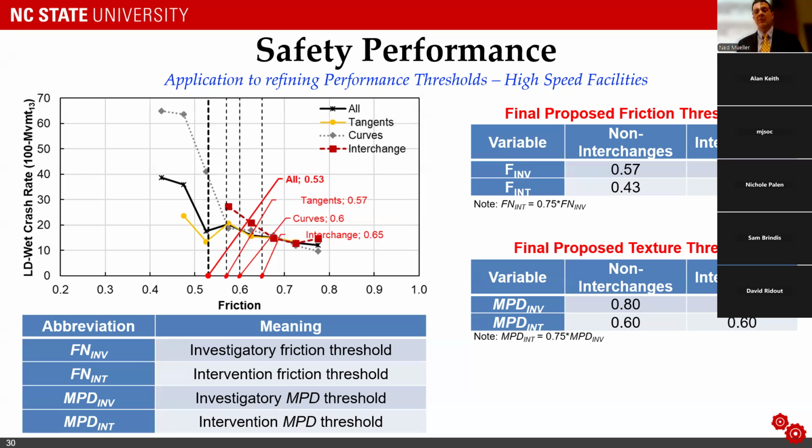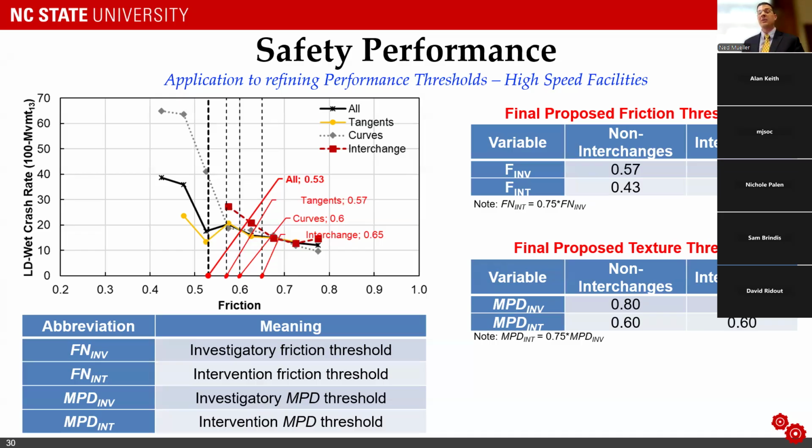And so one of the things that we've done recently with the NCDOT is analyze a number of those 300 sections that I talked about to find out where that inflection point is happening. Where do we see crash rates increasing as a function of texture and friction? And propose some initial, at least, threshold values for them to think about.